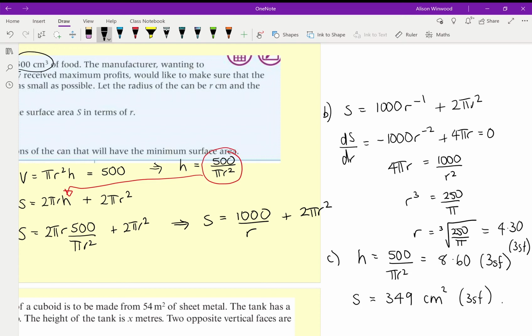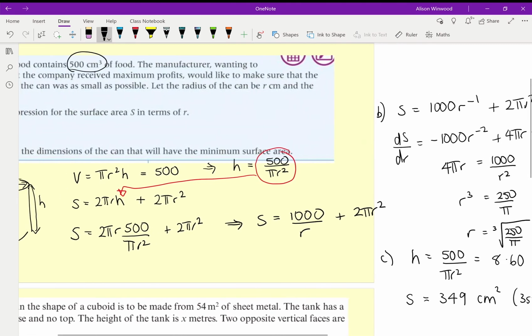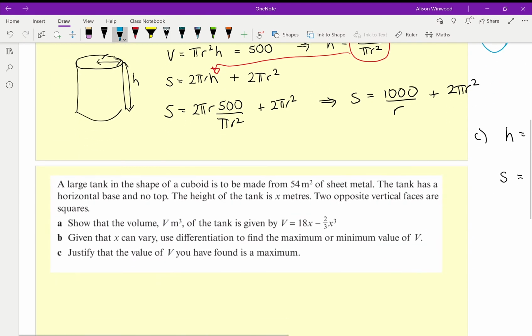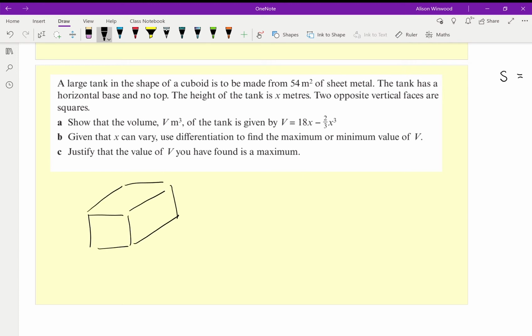So the underlying rule for all of these questions is to find the derivative, so ds by dr, and set it equal to 0. Let's look at a second example. So this time we've got a cuboid tank which is made from 54 square meters of metal.